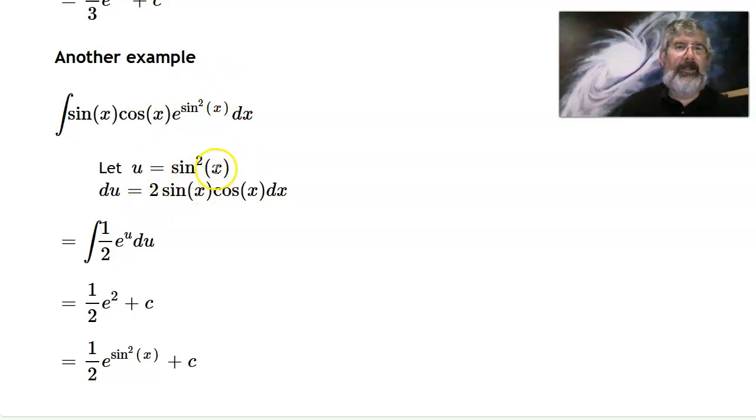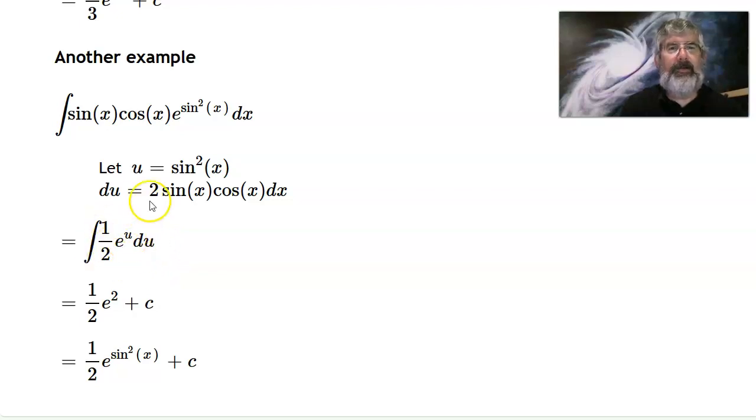The derivative then, there's a chain rule here, because it's 2 sine x to the 1 power times the derivative of sine x, which is cosine x. So I have the sine x cos x dx, I don't have the 2. So the sine x cosine x dx is du divided by 2, hence the half that's going to show up in there.